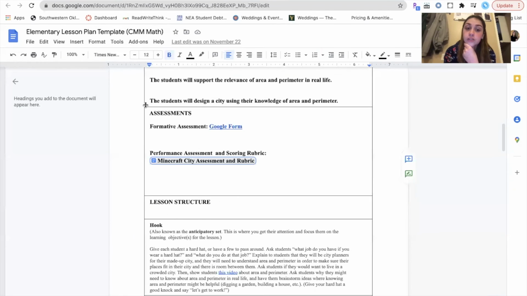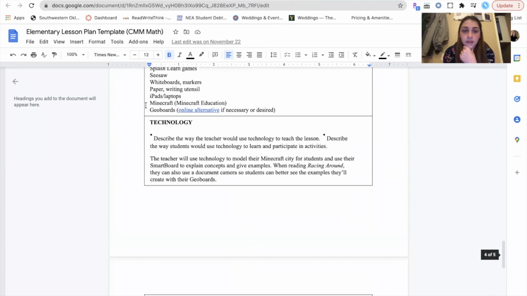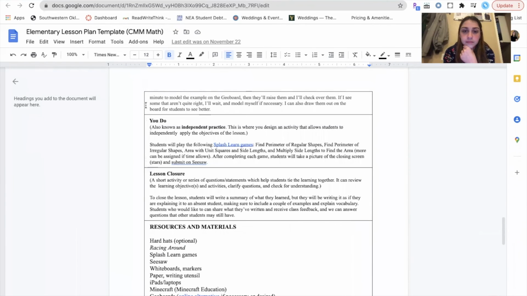And then to close, you are just going to write a quick little summary about what you learned today. You're going to be writing it as if you were explaining to somebody who is absent. So remember to talk about key vocabulary and different examples of area and perimeter, and how they're similar and how they're different.